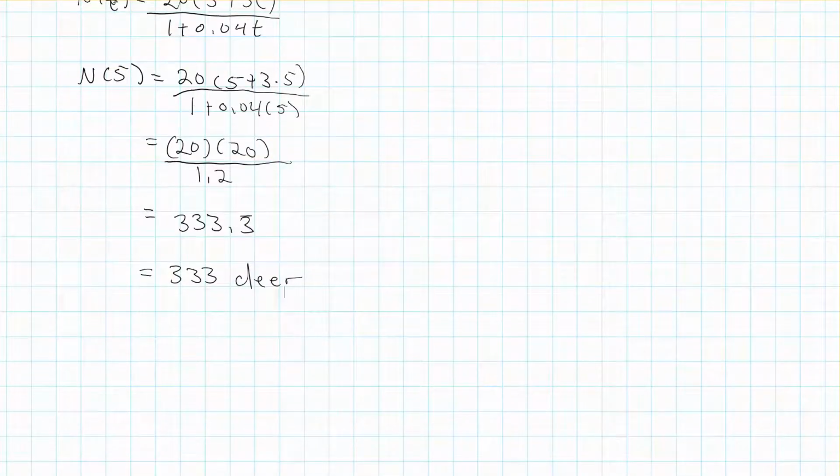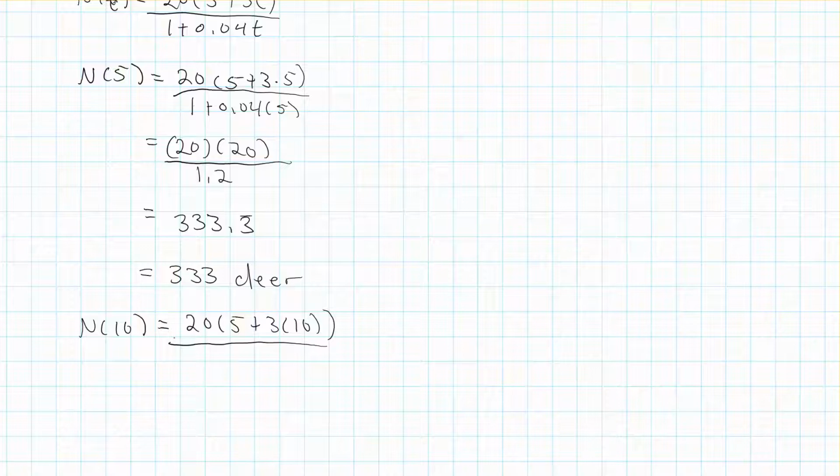Then the next thing is just doing this for N at 10. We have 20 times 5 plus 3 times 10 over 1 plus 0.04 times 10.